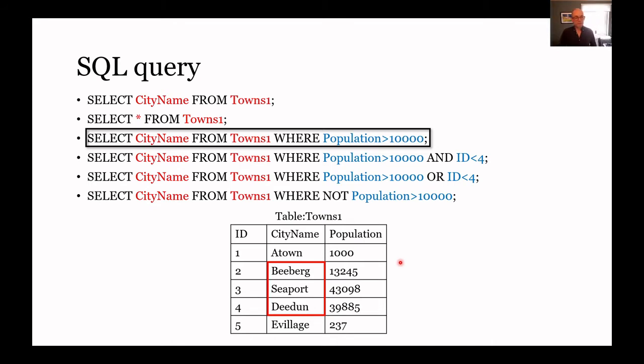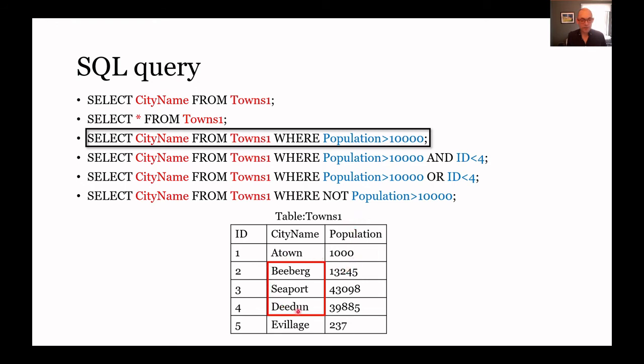If we look at this now, where we put in a condition, so before we didn't have this where part, select, and now we're going to select the city name from the particular table where, so now we have a condition where the population is greater than 10,000.